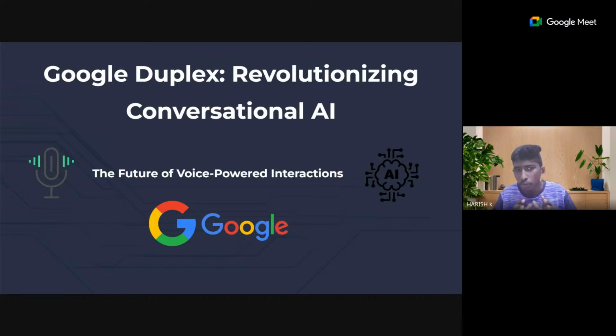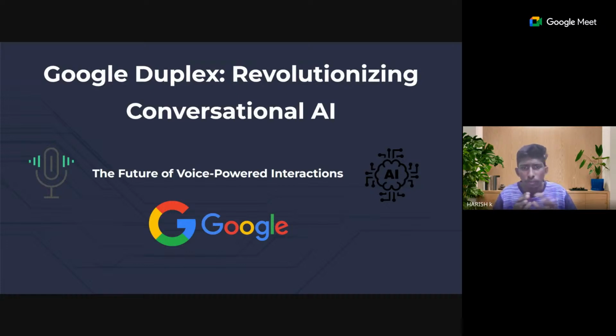This is where Google Duplex becomes invaluable. Its ability to seamlessly navigate these scenarios not only saves time, but also reduces the cognitive load on users. More importantly, it's an innovation that highlights the potential of AI to interact with humans naturally, breaking barriers between machines and people.